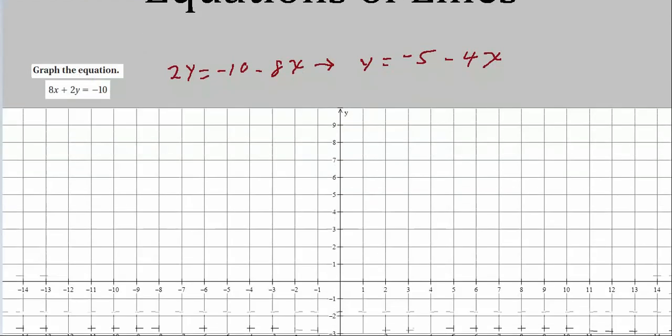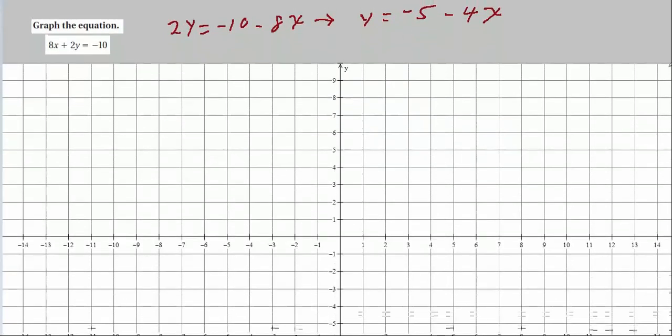Let's see here. What do we get? When x equals 0, we're down here at minus 5, aren't we? When x is minus 1, that's minus 5 plus 4. That's up here, isn't it?